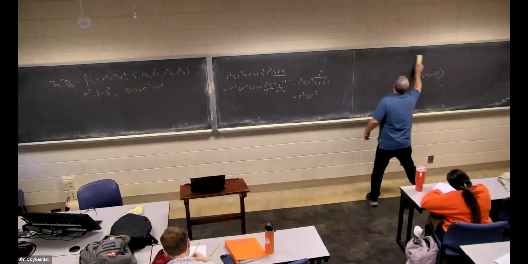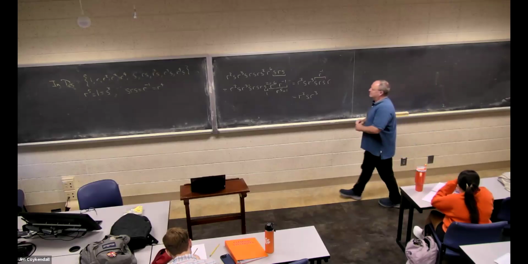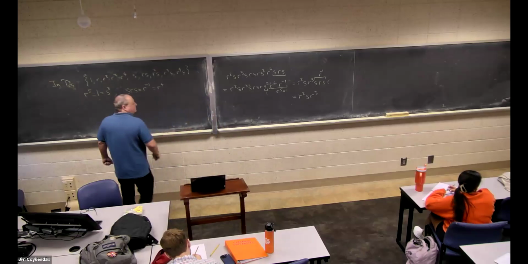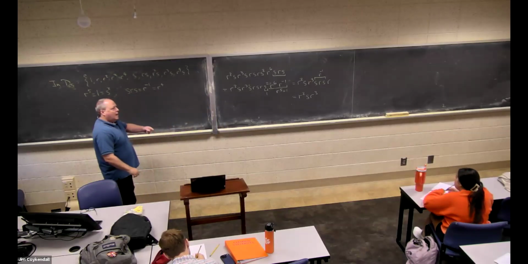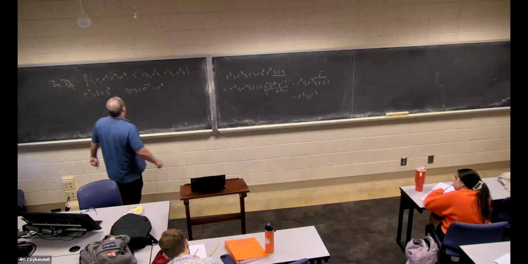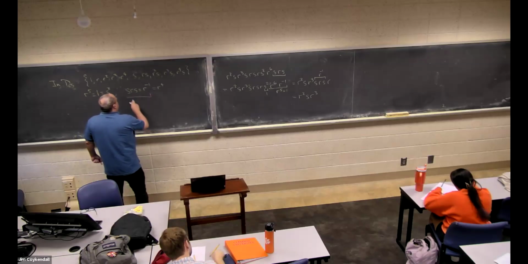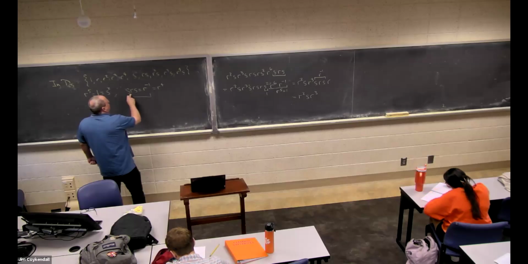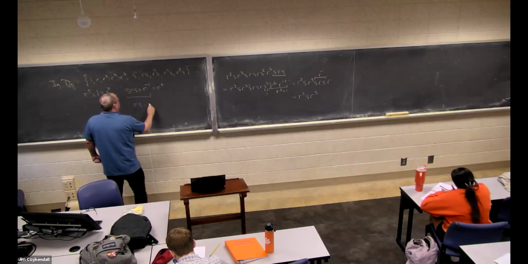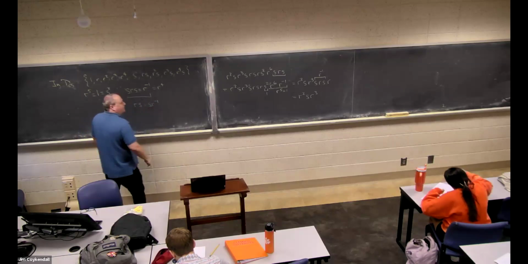How do I go further? Okay, yeah, you can do that. Let me also rewrite this a little bit. I can multiply on the left, and notice this is RS equals SR inverse.